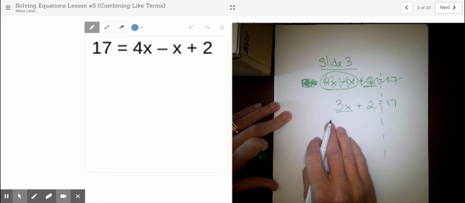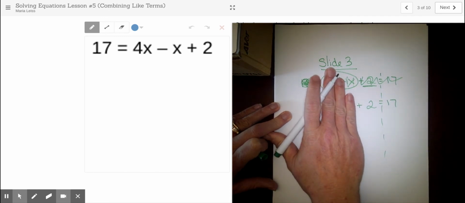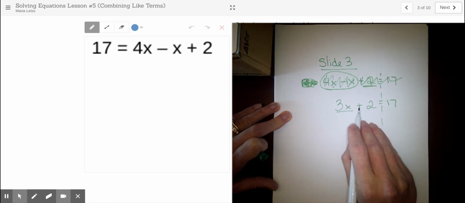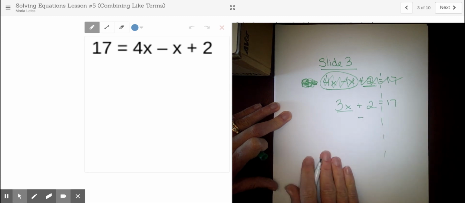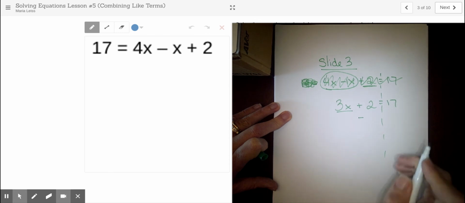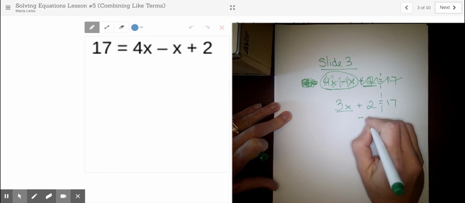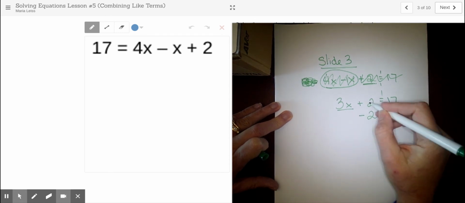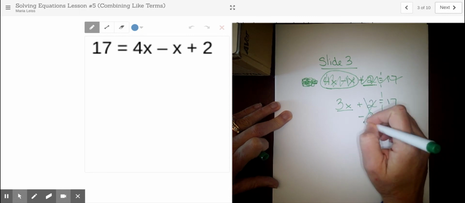So now I need to get this 3x alone, which means I have to move the 2. In front of it is addition. I undo addition with the opposite operation, or inverse, which is subtraction. So I'm going to take the 2 away. Plus 2 minus 2 is 0, which is good.